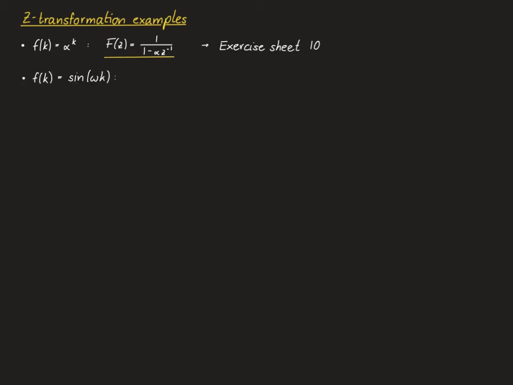In the next example, f of k is given as the sine of omega times k, where omega is given as a real value. For the derivation of the Z-transform f of z, we first apply Euler's formula, which states that e to the j omega k is equal to cosine of omega k plus j times sine of omega k.